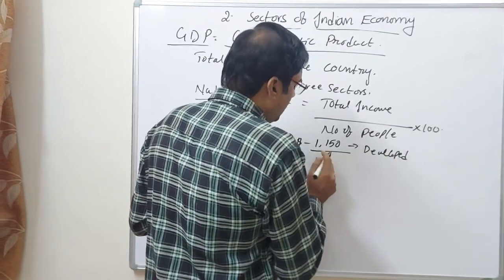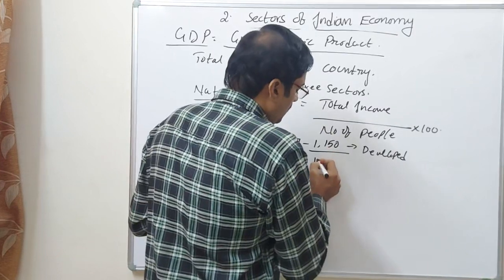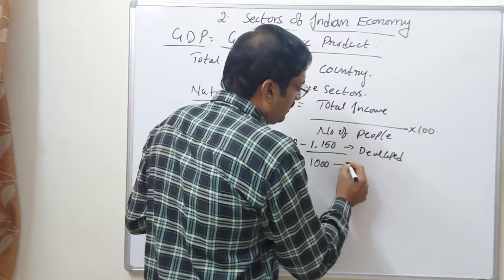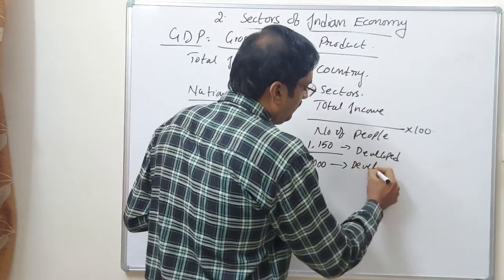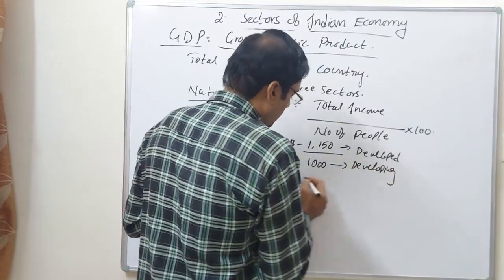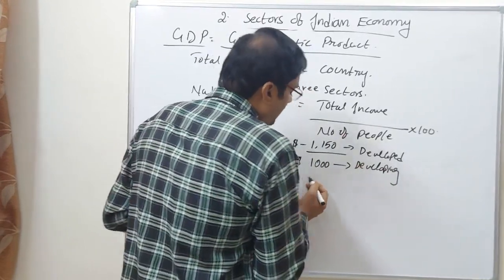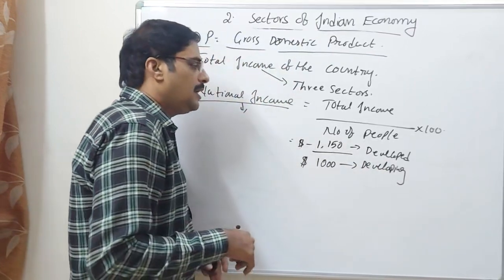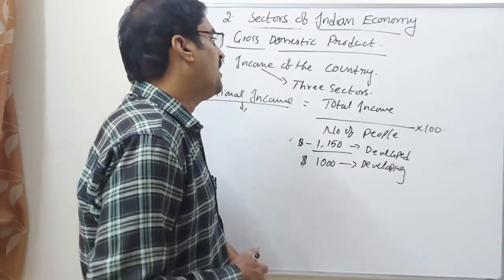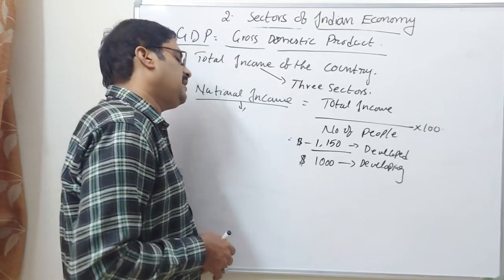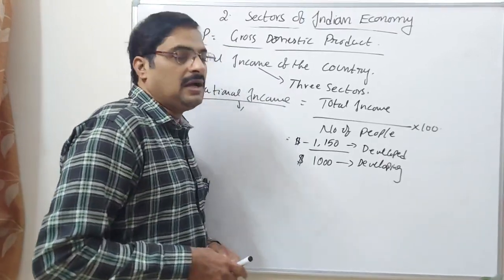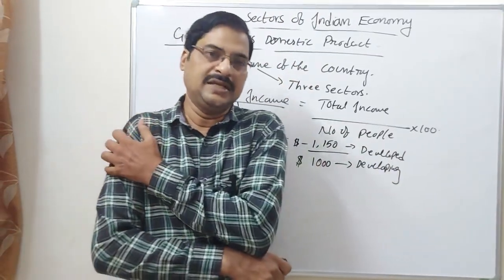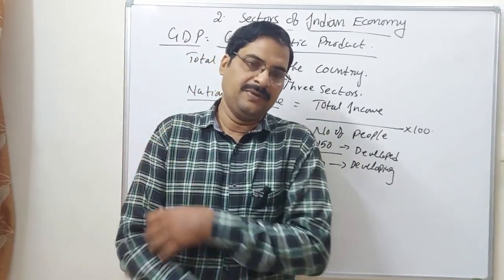If it is below a thousand dollars, that is a developing country. Developing or underdeveloped countries. According to this situation, our country belongs to the developing countries only. It is below 1,000, that's why our country is a developing country.